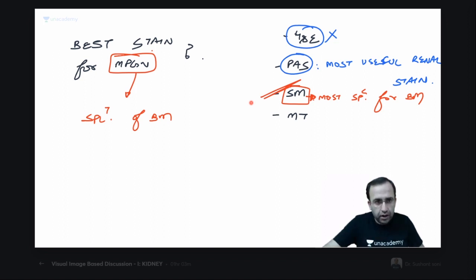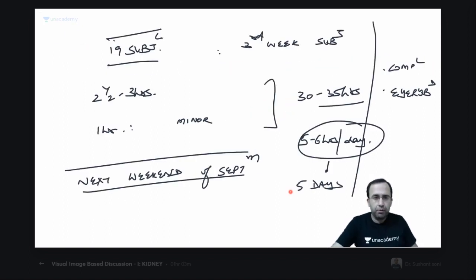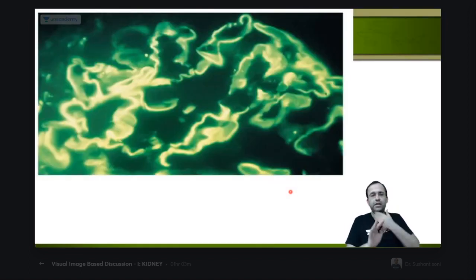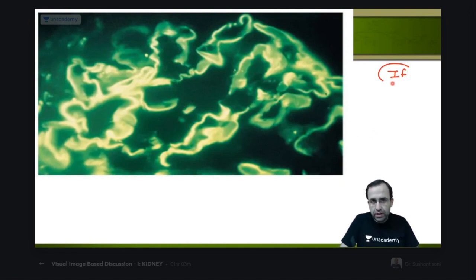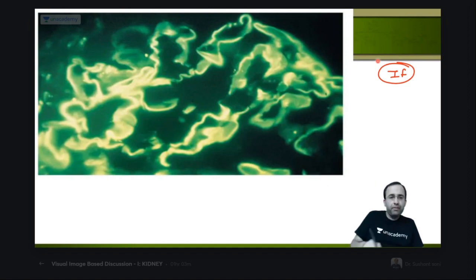Next point. Let us now have a look at immunofluorescence pictures. Firstly, do not confuse this with amyloidosis. Just because it is green in color does not mean it is amyloidosis. Let us first have a look. This is immunofluorescence, showing you which pattern. Just by looking at this, I know that it is a diffuse linear deposit. What could be more linear than this?